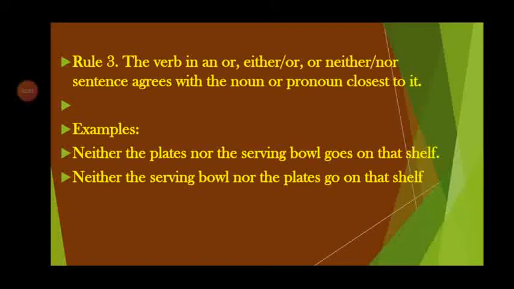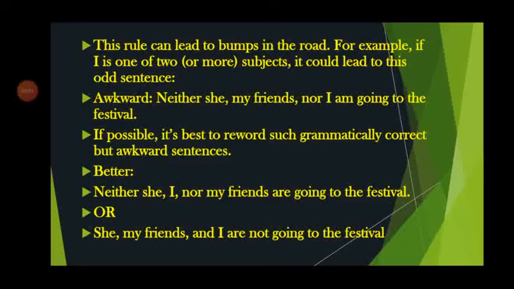Because, as we discussed, when we use neither-nor or either-or, the subject part that comes closer to the verb determines the number of the verb. In the first sentence, serving bowl is singular, so the verb is also singular. But in the second sentence, the plates is plural, so the verb is also plural.